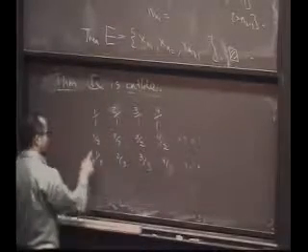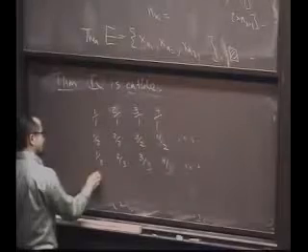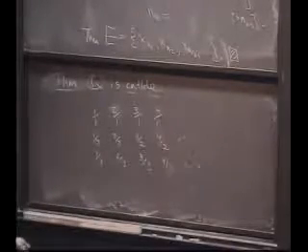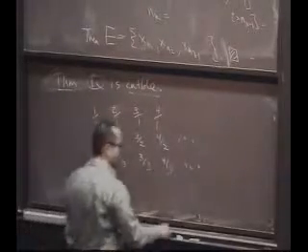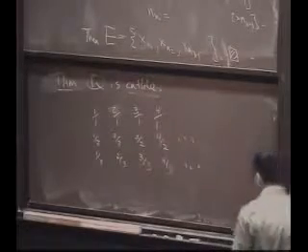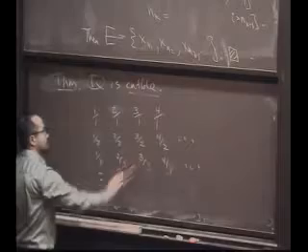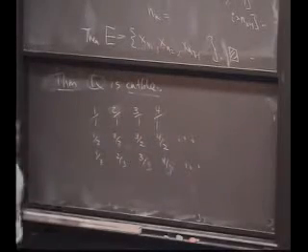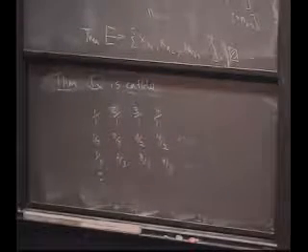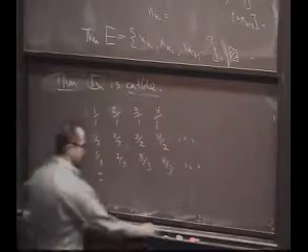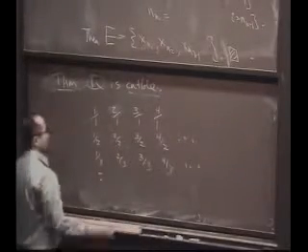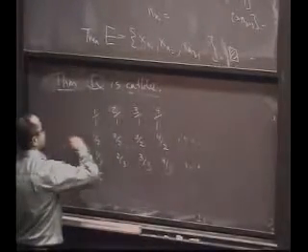Now, these are ordered pairs of numbers, yes? And would you agree that every rational will appear in this two-dimensional array somewhere? Yes? Every positive rational. Yes?